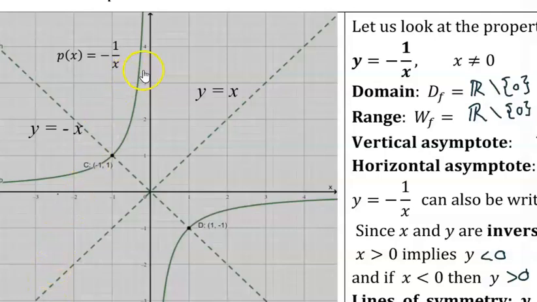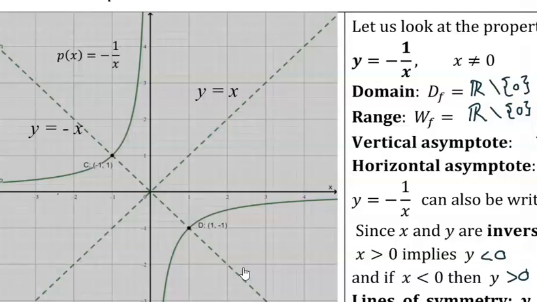If I draw the graphs, then we will have the second quadrant, the fourth quadrant, and these are my lines of symmetry. Lines of symmetry means if you fold it on that line, you will get exactly the mirror images about the line y equal to x and the mirror image about the line y equal to minus x.